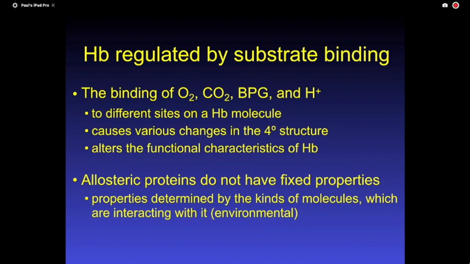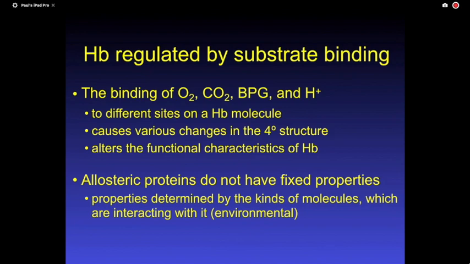Another way to talk about protons or the acidity is you can call it the Bohr effect. And so they may not tell you it's a pH, but they may say the Bohr effect, and that is directly related to pH. So what happens is this protein has a different dissociation constant, a different affinity for oxygen based upon the environment it is in.